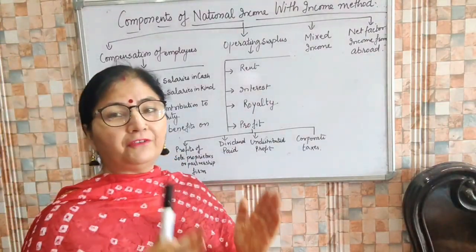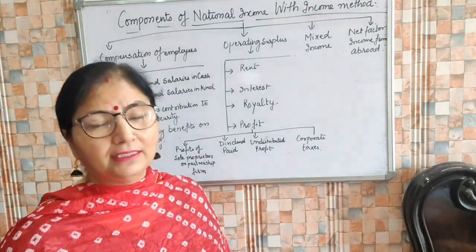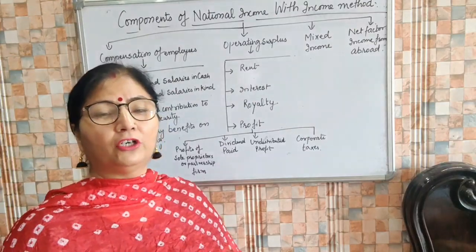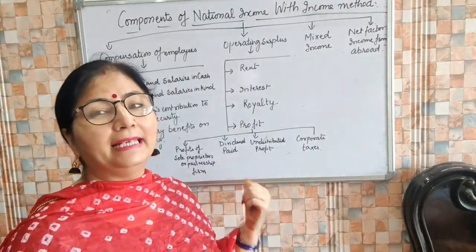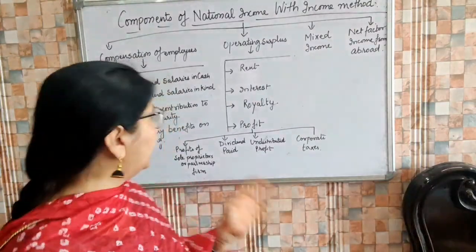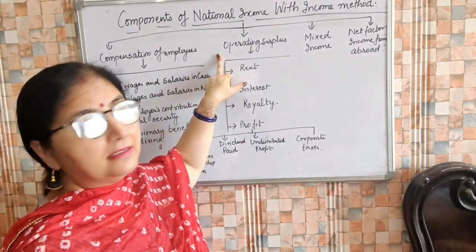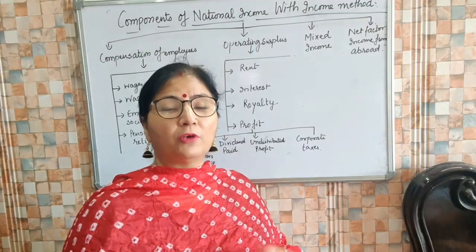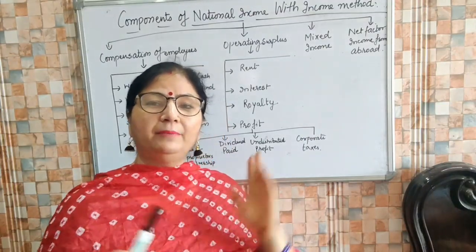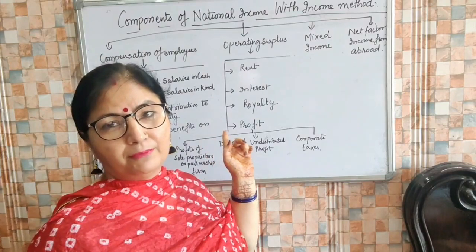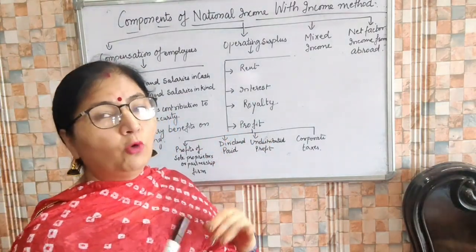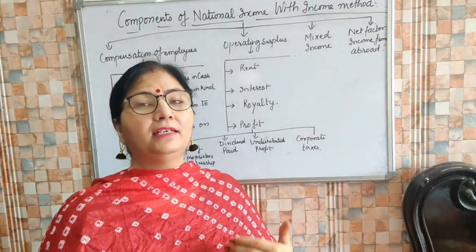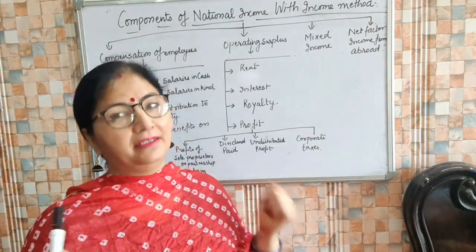A certain amount of income is being saved every month, and at the time of the completion of your tenure in the job, you just get pension a certain amount. Okay. Now the operating surplus, as we all know that rent, wages, interest, profit, wages have already been considered in the compensation of employees, and now what is left, that is rent, interest and profit, and it is also known as the income from property and income from entrepreneurship.